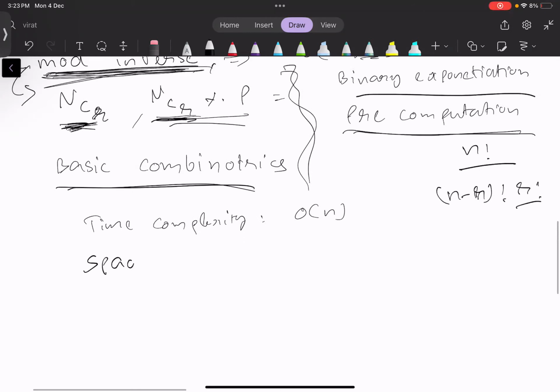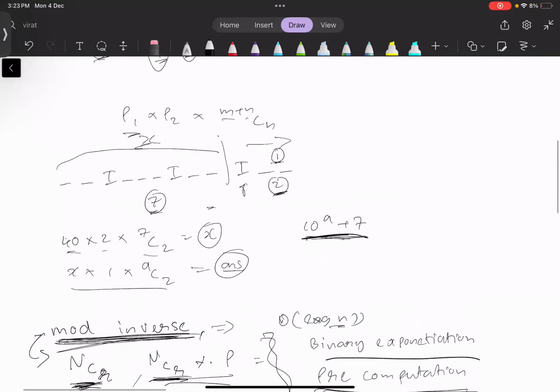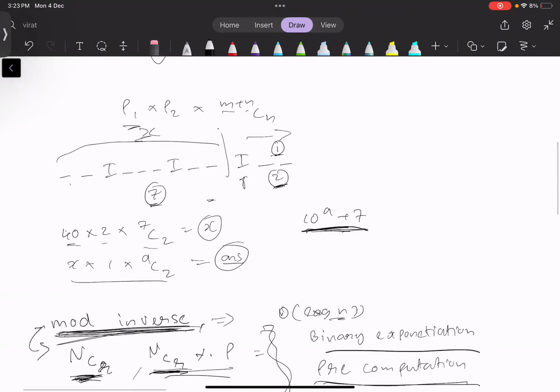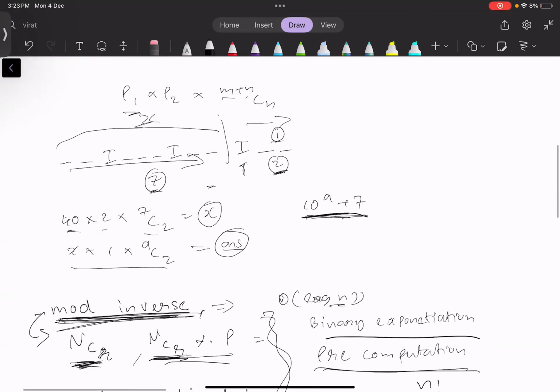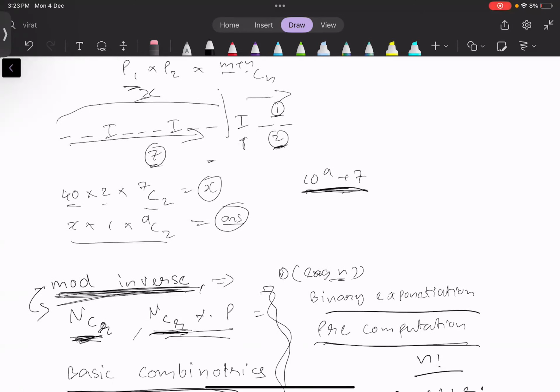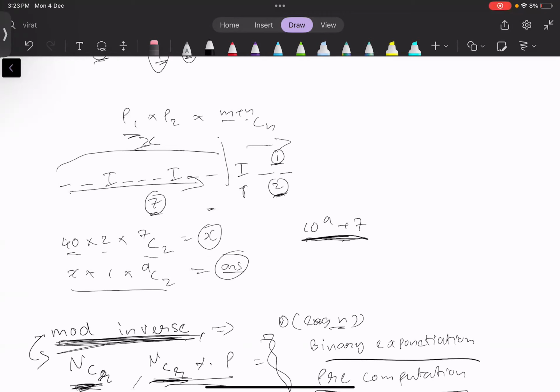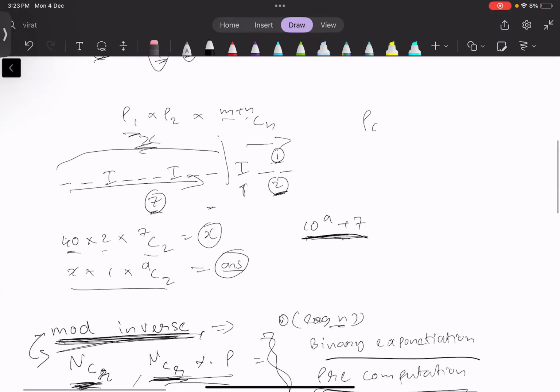Let's see the space complexity. Now we could store all these values one by one in an array-like thing, but that is not really necessary. At every point we can just keep track of two different values: the number of possibilities previously encountered and the size of the array.